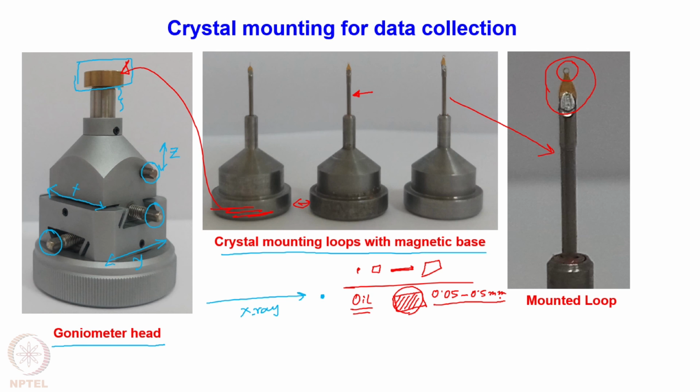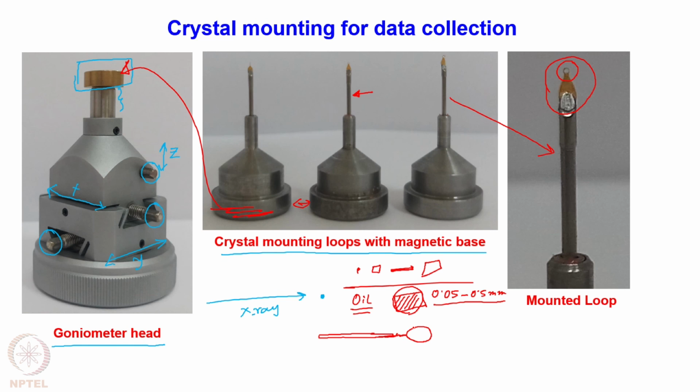If we do not have these loops, there are other types of loops that one can use, which are also available from various suppliers, where you have a very fine metal tube, and at the tip you have a nylon loop which looks like that.